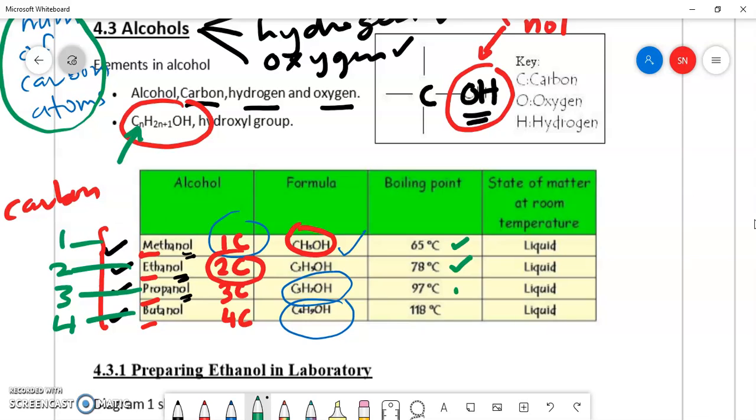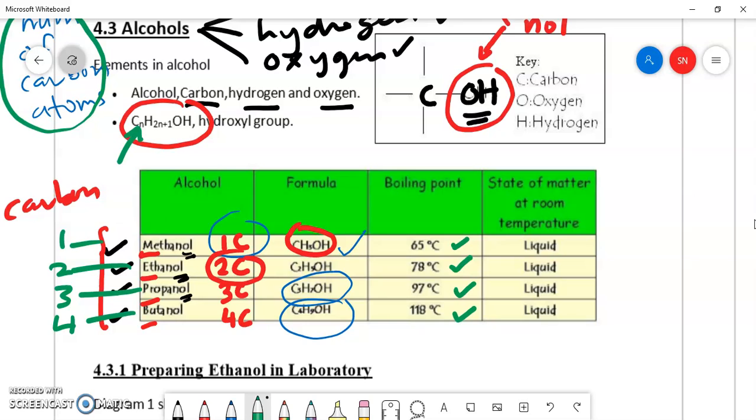Propanol is a little bit higher, and butanol is much higher at 118. So as the number of carbon atoms increases, the boiling point also increases. It is more difficult to boil when the alcohol molecule contains more carbon atoms.